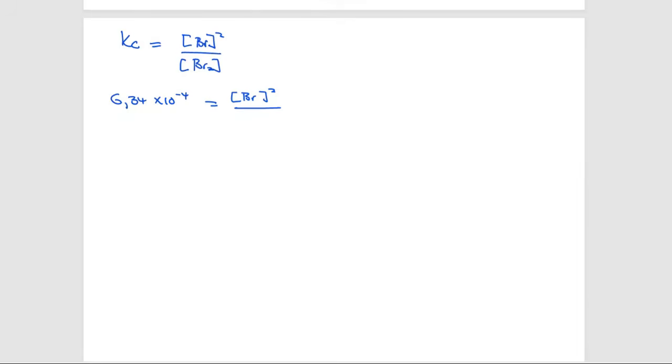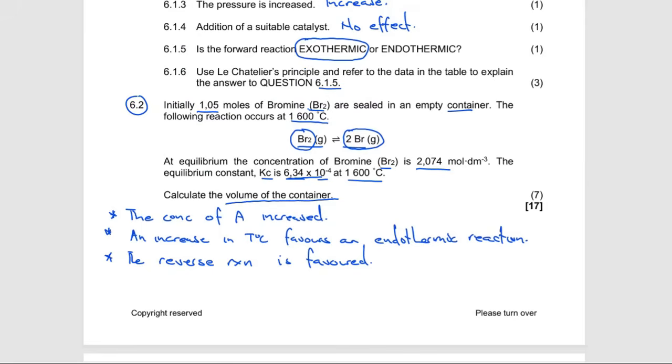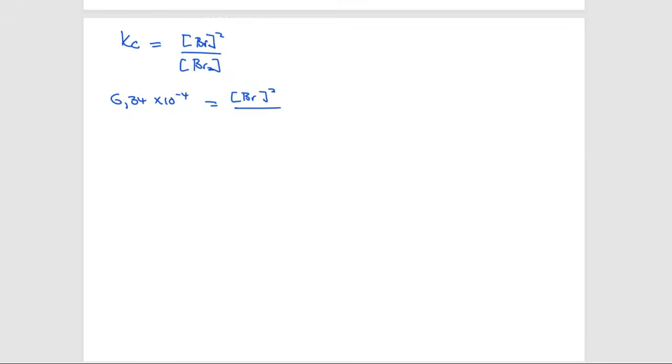At equilibrium, the concentration of bromine is 2,074, so I substitute that there.